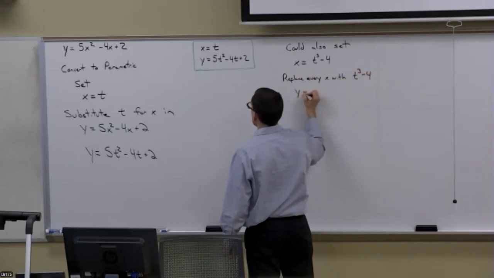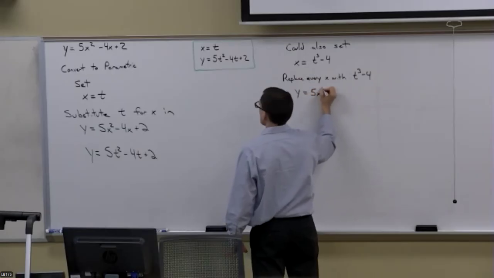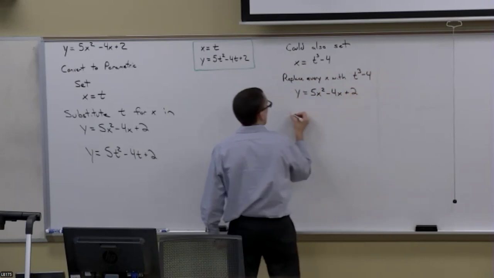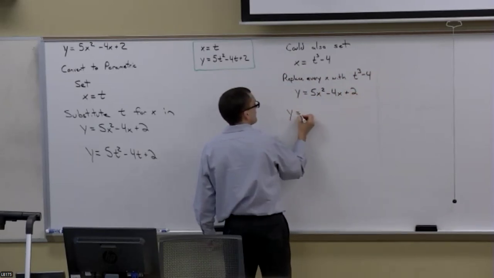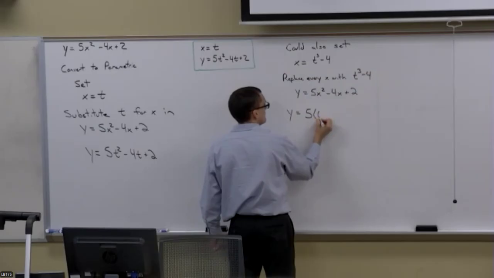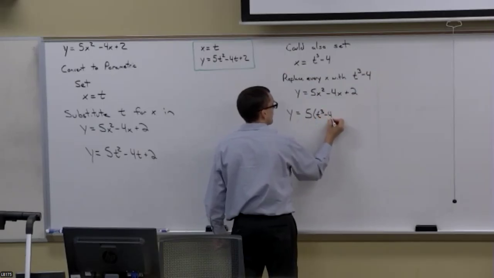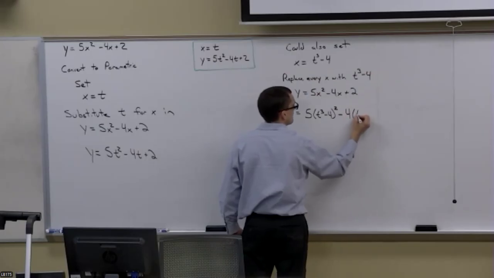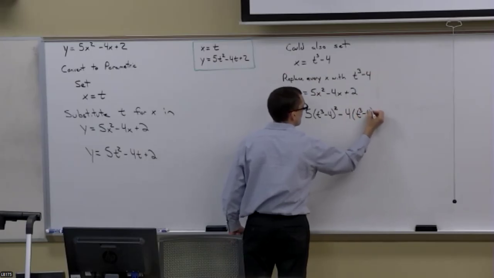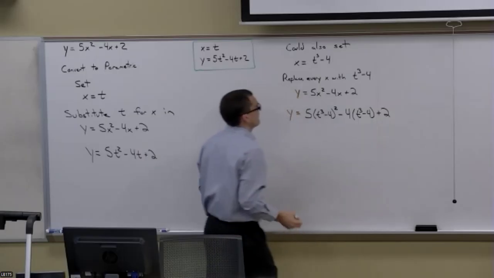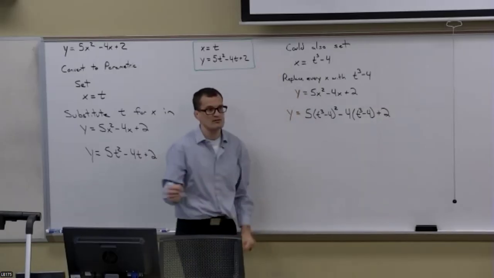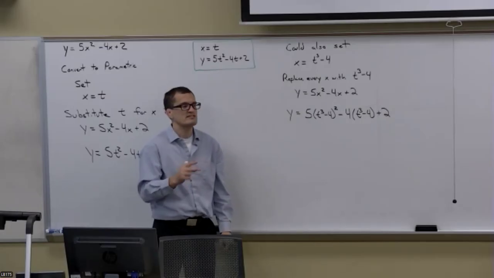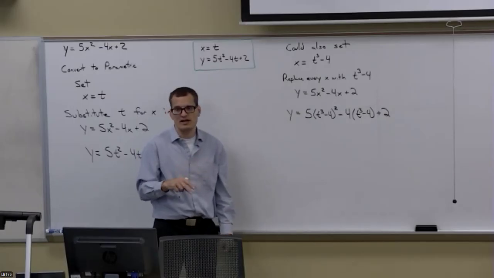So we do y equals 5x squared minus 4x plus 2. And then y would be equal to t to the third minus 4 squared minus 4 times t to the third minus 4 plus 2. That would have also given you the same curve, although it'd be traced out in a slightly different way.